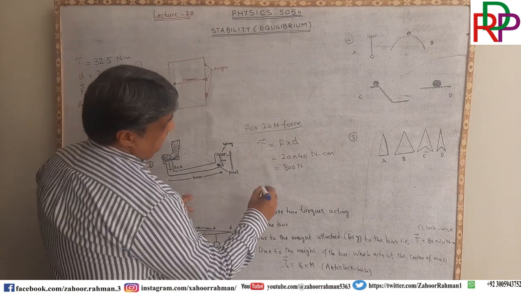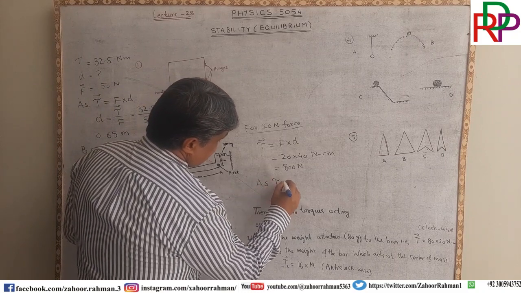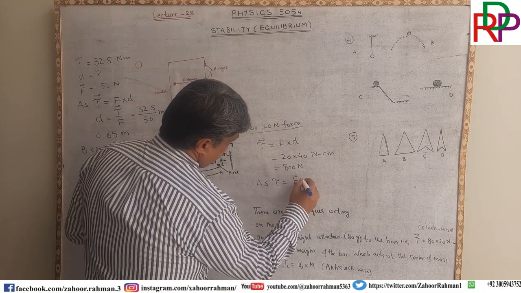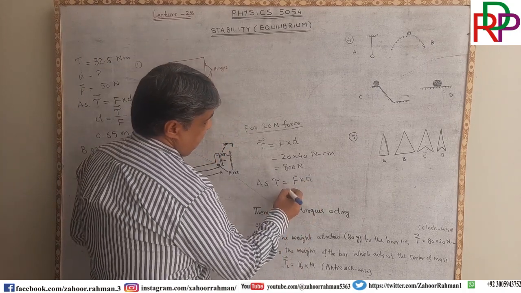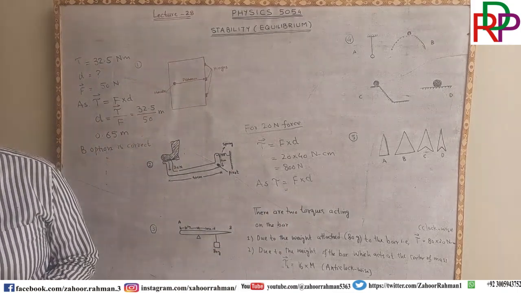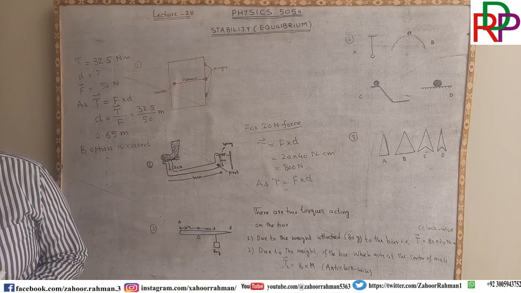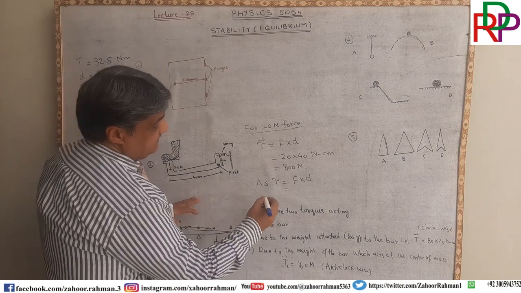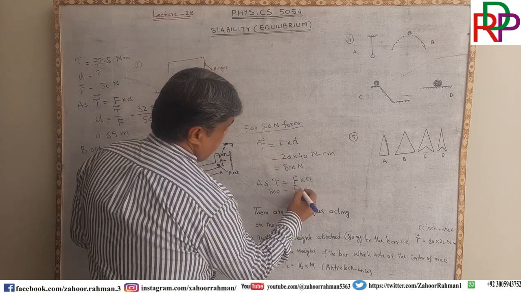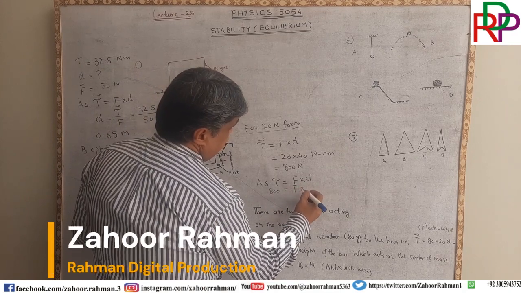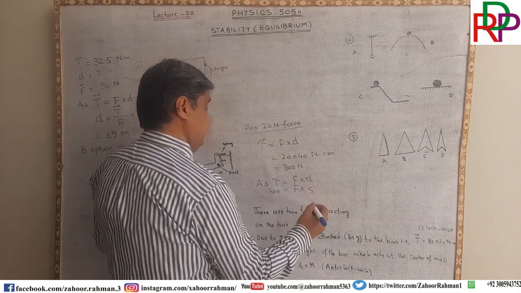So as torque is equal to F cross D, we have to find F, torque is given as 800, and D is 5 centimeter.